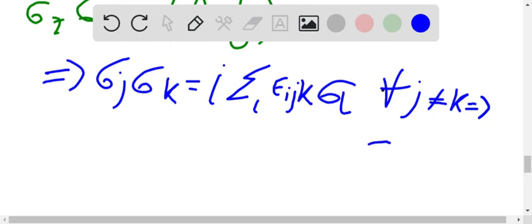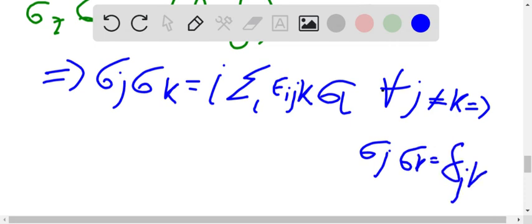So this implies that sigma j times sigma k is equal to i epsilon j k l sigma l.